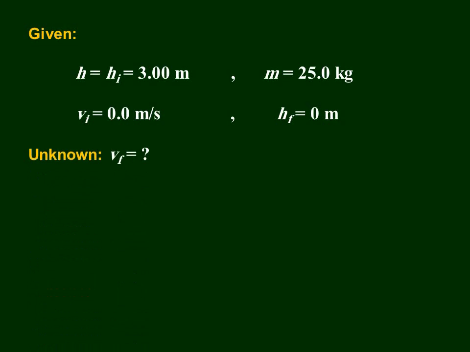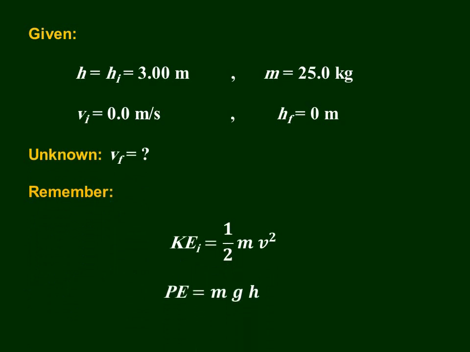So the unknown is the final velocity. You are asked to find the final velocity after sliding down. You should remember that kinetic energy equals 1/2 mv squared, and potential energy equals mgh. Okay?